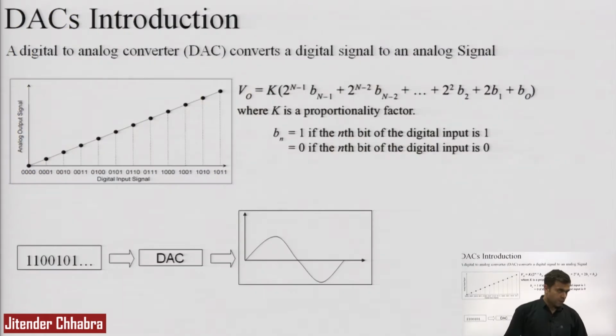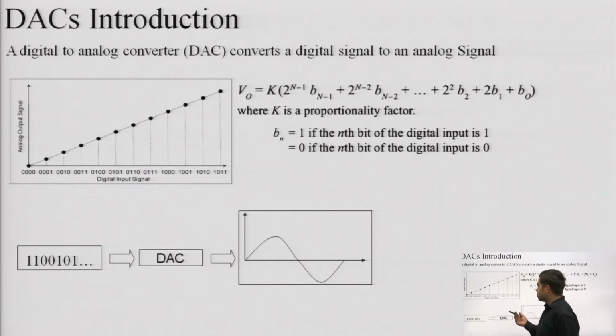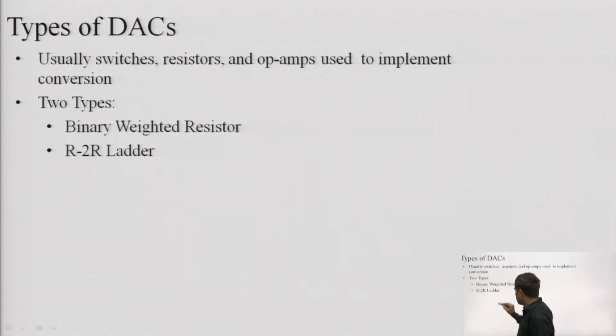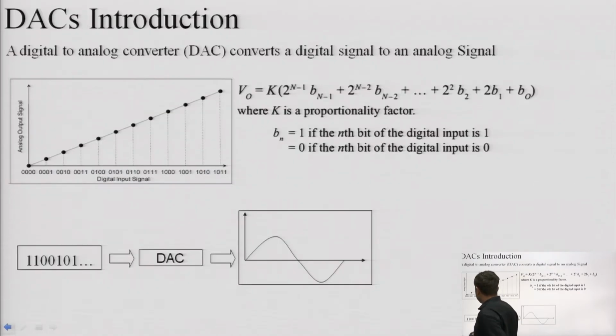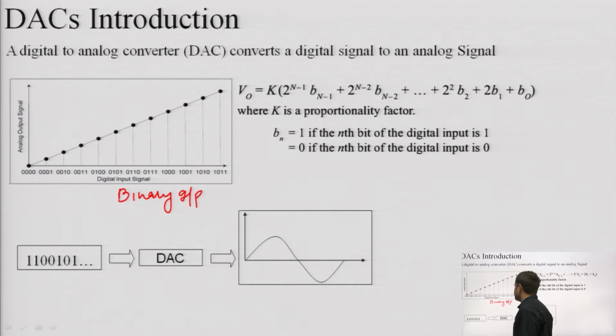Okay, so in DAC's introduction, we have to first understand what are the basic concepts of digital to analog conversion. That means how this digital information is going to be converted into analog signal. So this is a digital input in which you can see that there is data in form of binary, and it is being converted into a continuous value.